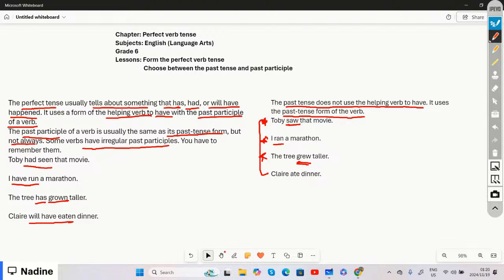And the last one says, Claire ate dinner. What is the verb over there?